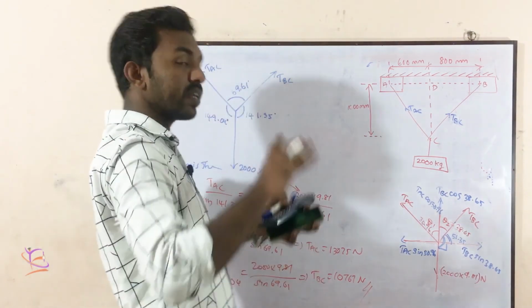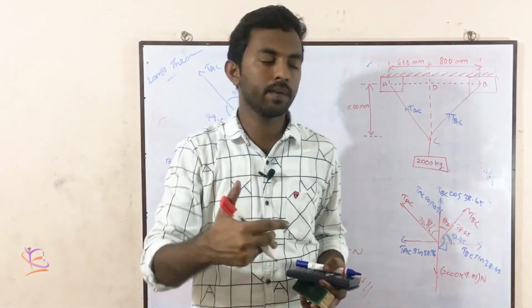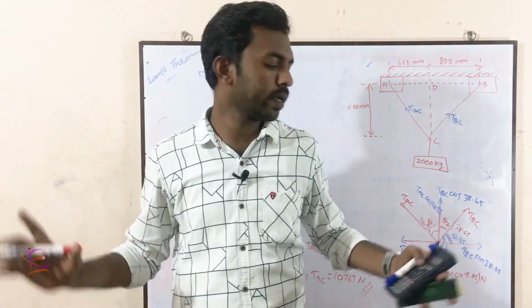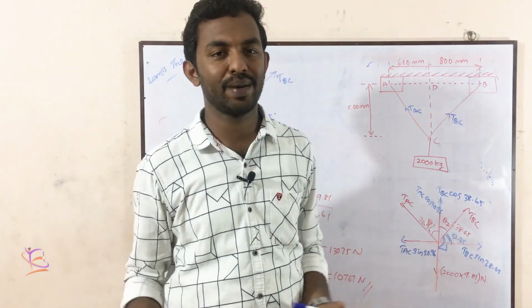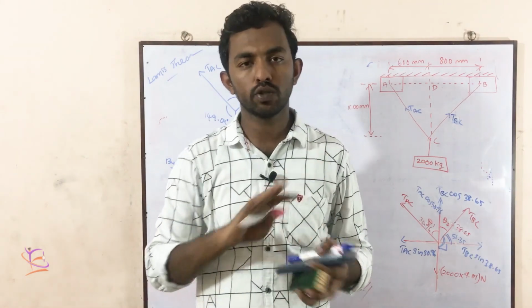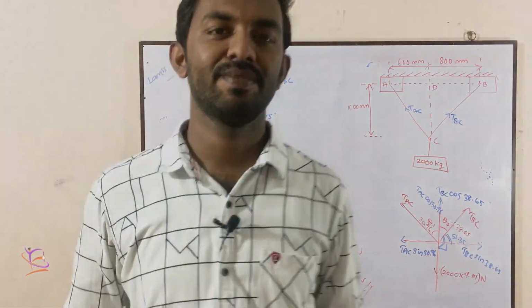So with this we are completing the algebraic method and Lami's theorem. You can solve by using the algebraic method, otherwise by using Lami's theorem. If a question is asked, you have to solve it by two methods. Okay, thank you.